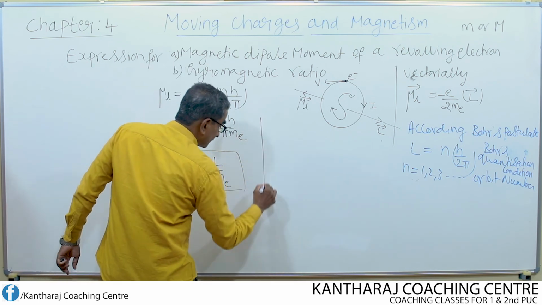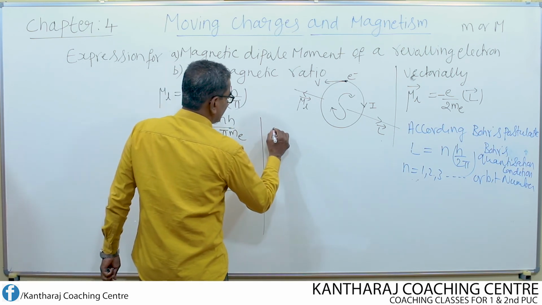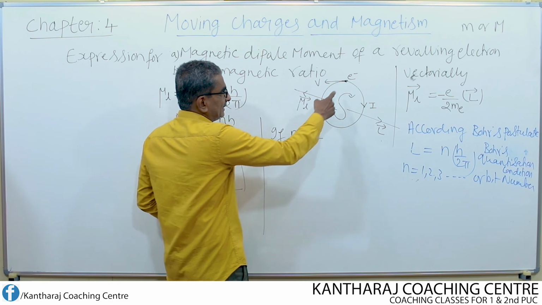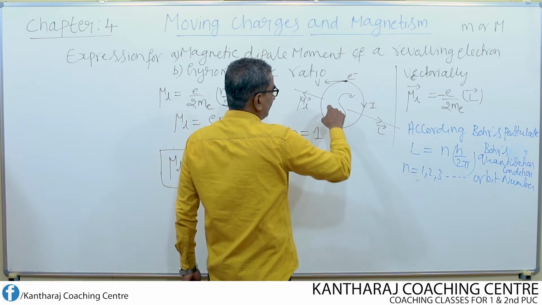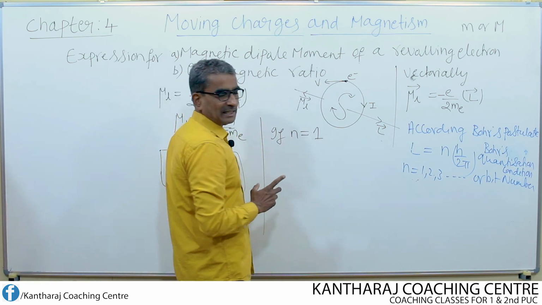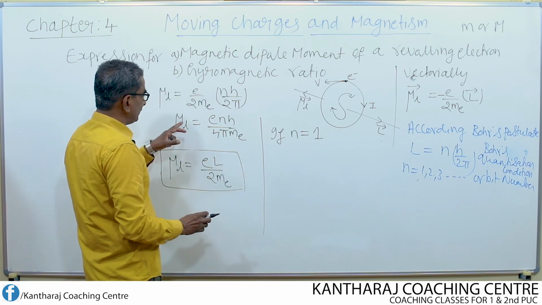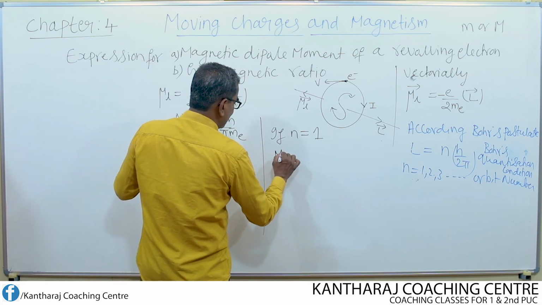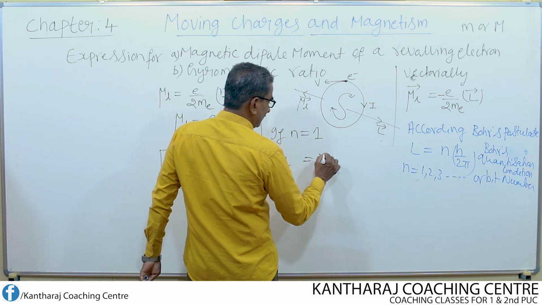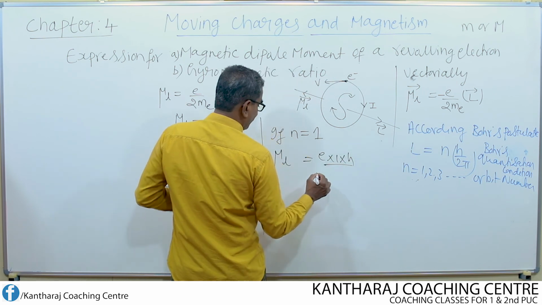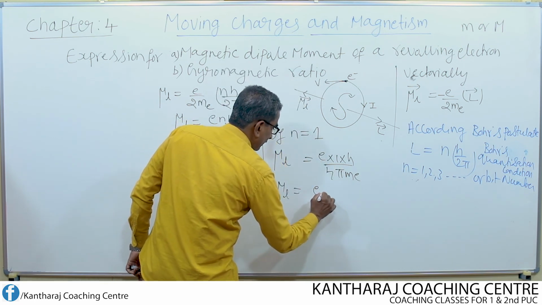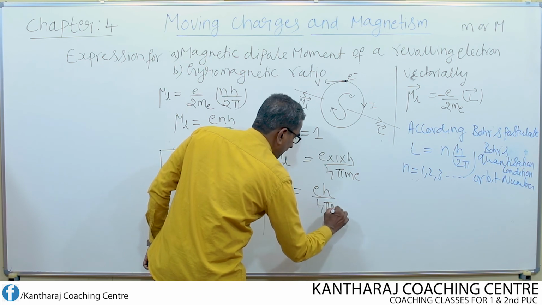Suppose I take n equal to 1, where n refers to the orbit number. If the electron revolves in the first orbit, n is 1. If it revolves in the second orbit, n is 2. Here I assume n equal to 1, so the equation becomes mu L equal to E into 1 into h divided by 4 pi me. That means mu L equal to E h divided by 4 pi me.